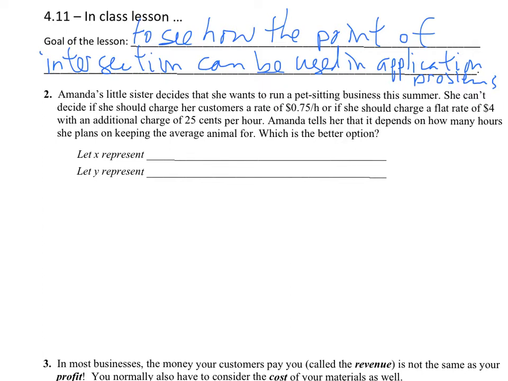But she's wondering if she should charge 75 cents per hour, or $0.75 per hour, or if she should charge a flat rate of $4, meaning no matter how long the pet stays there, she's at least getting the $4 plus 25 cents for every hour they stay. So there are these two different options, and she's wondering what will work better for her.